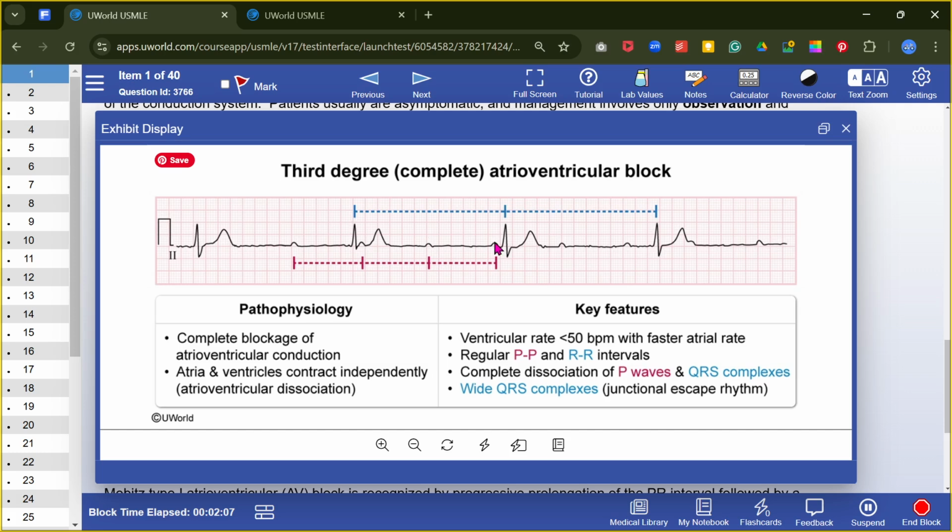If you calculate from here to here, this rate is below 50. And the QRS complex is wide, this is the widened QRS complex. But Mobitz type 2 has a narrow QRS complex. Got it?